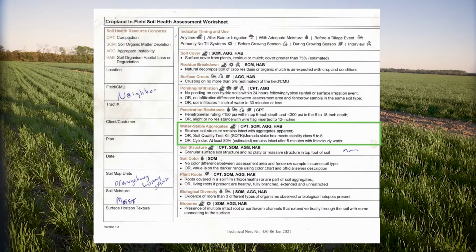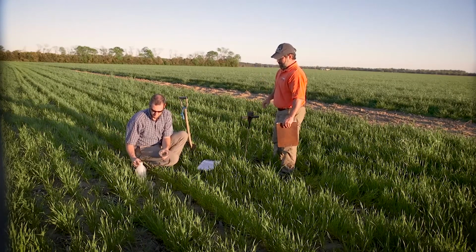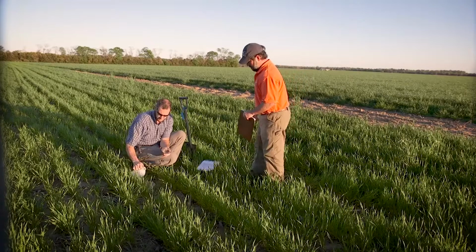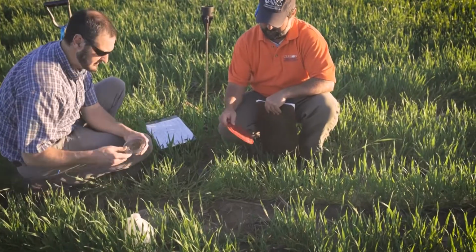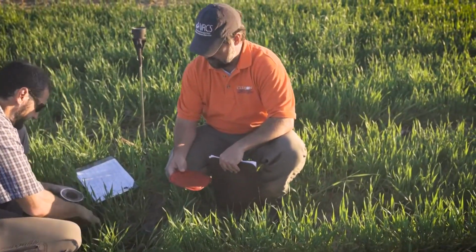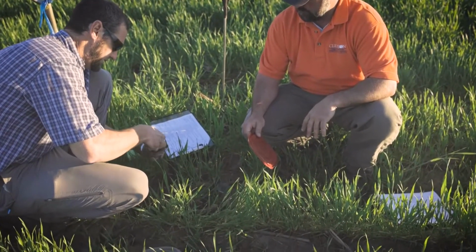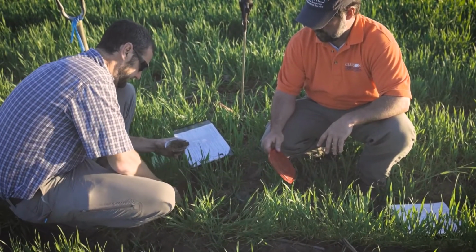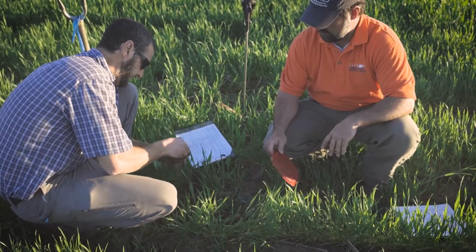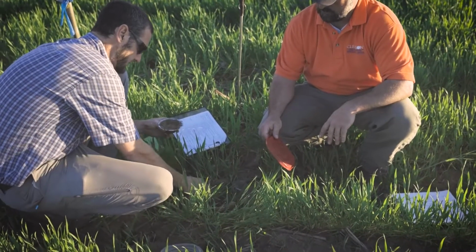Now water stable aggregates. So we have our pit here, our sample hole. Oh, we don't have the water, do we? Oh, yeah, we do. We have our water. We're going to do the same test that we did in the other management at that evaluation. So we'll take a surface sample and crumble it up, and there's a little bit of buried residues, and place it in the strainer.